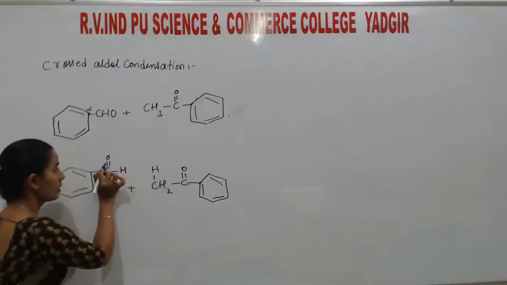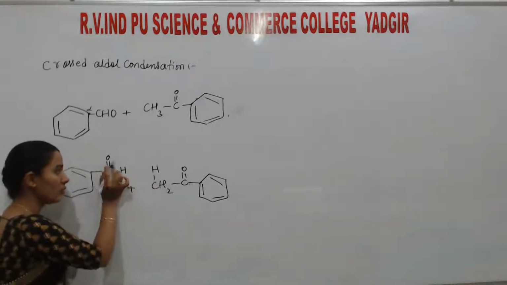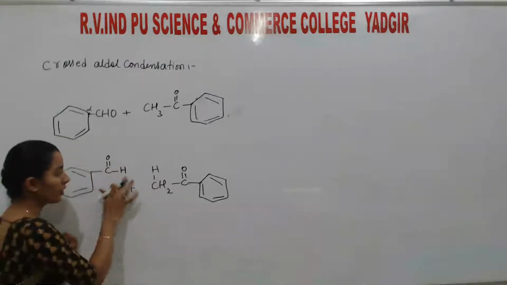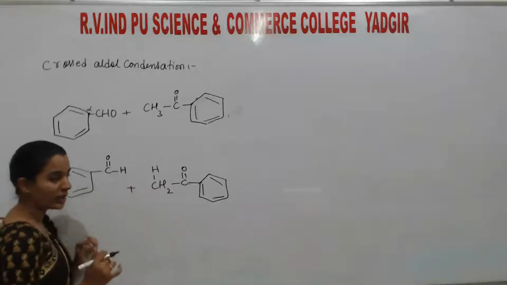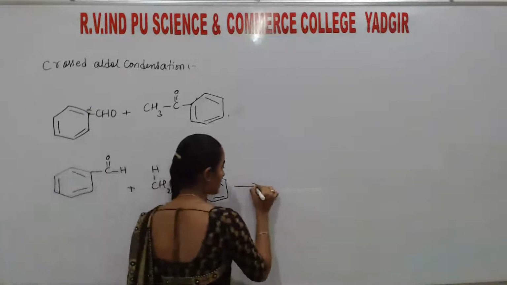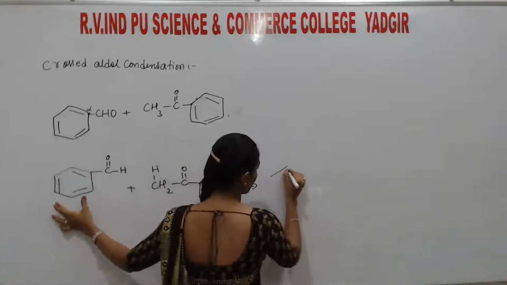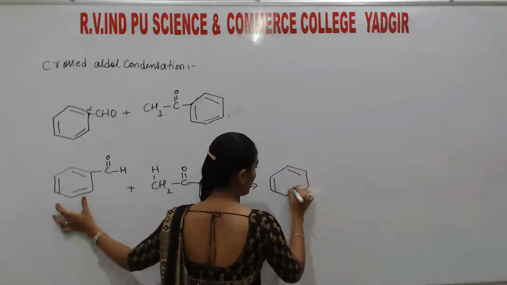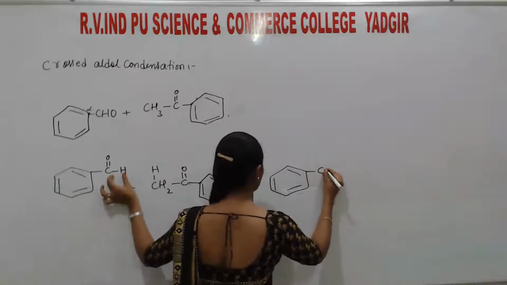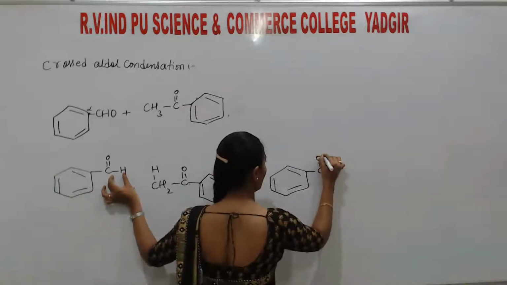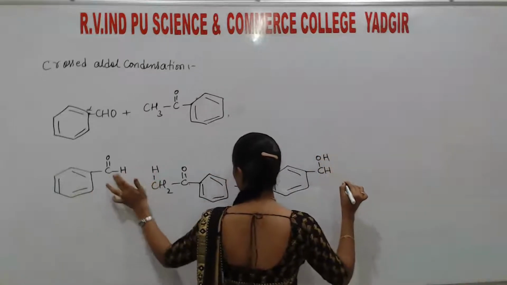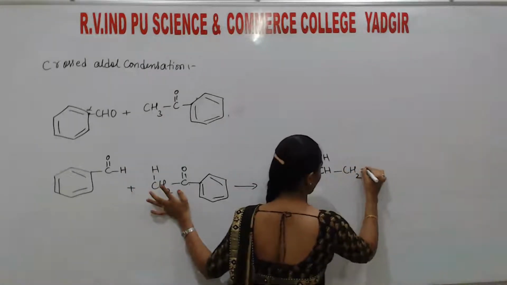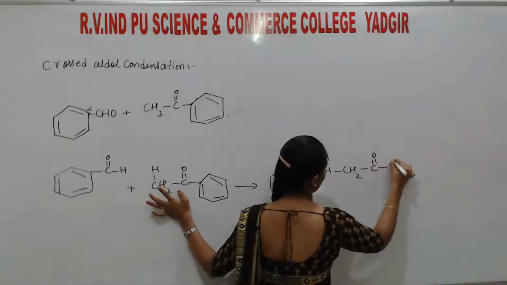This H combines with this O, as here from OH, and these two are bonded with each other. That is how the reaction takes place. So when written out, this is the reagent. Here CH is there. To this O, H is attached, and to this carbon, this CH2 is bonded. CH2, C double bond O, CH2.